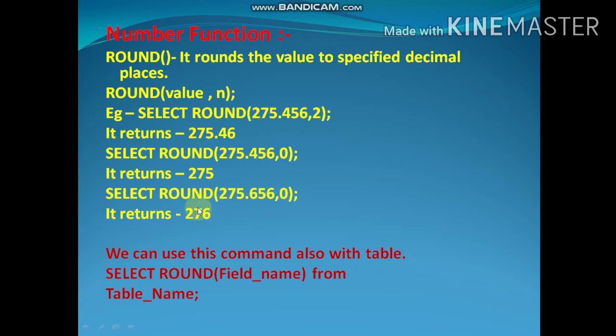See, select round 275.656, then it returned 276. Why? Here the first decimal digit is 6, which is more than 5. We can use these commands with a table also. For that, select round field name from table name. Whichever field you want to round, you can give that field name from the table name.